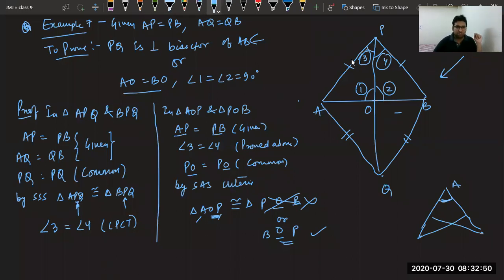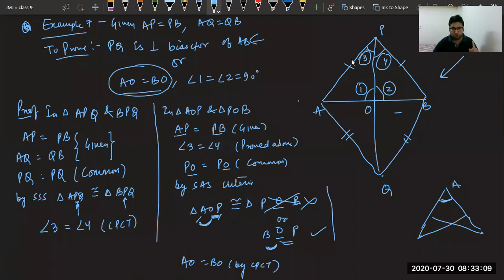Now see what we wanted to prove. We wanted to prove AO equal to BO. AO is coming first and third, BO is coming first and third. We can say AO equal to BO by CPCT. First thing. And second thing, we want to prove angle 1 equal to angle 2 equal to 90 degrees.